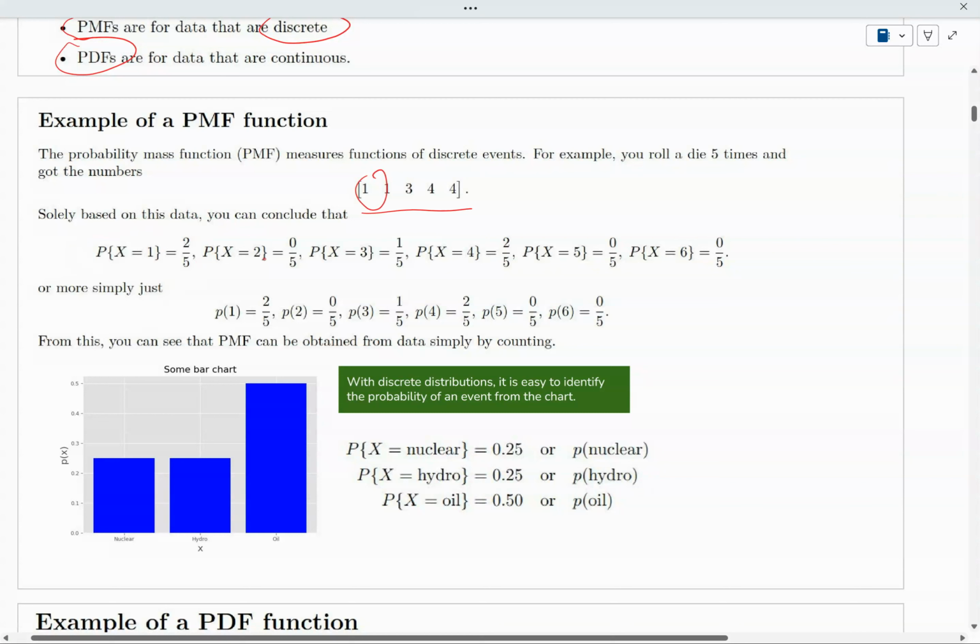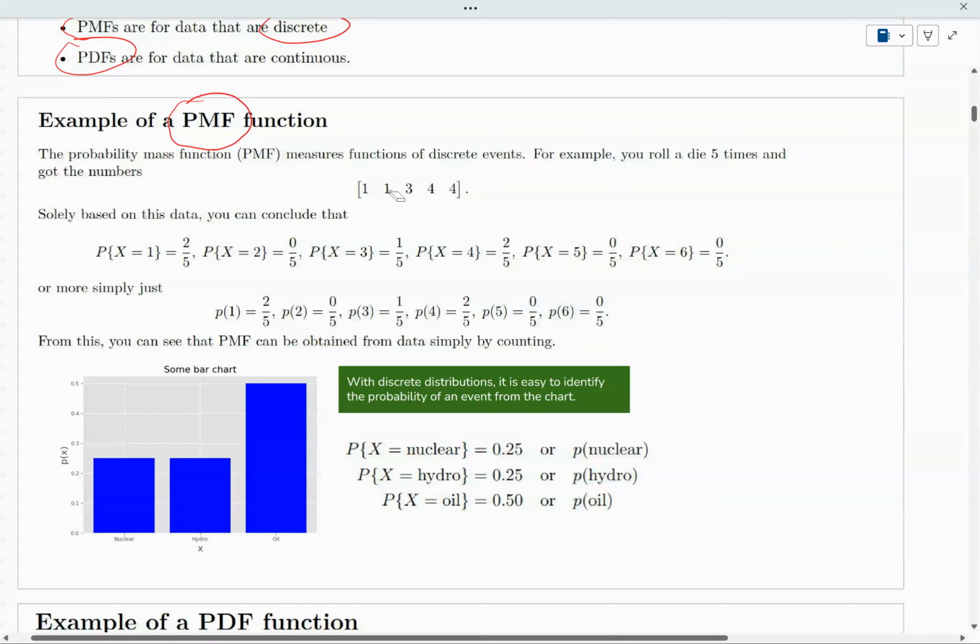The probability you get a two, well, according to this, is 0. The probability you get a 3 is just 1 out of 5. The probability of 5, since it didn't happen, we're going to say 0. The probability of 6 is 0 as well. So basically, this is an example of a probability mass function because the events are discrete.